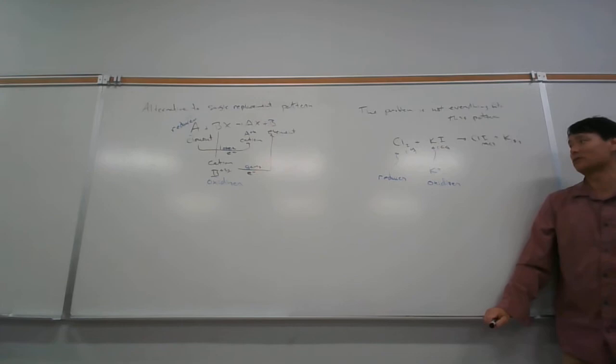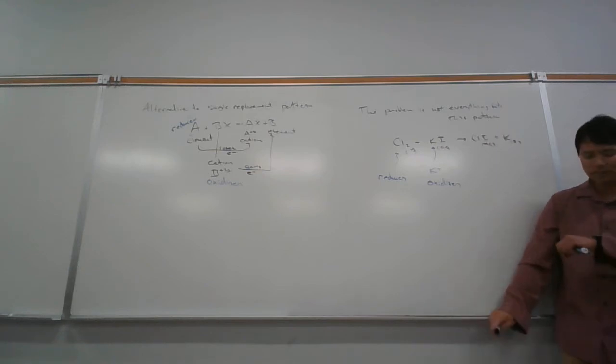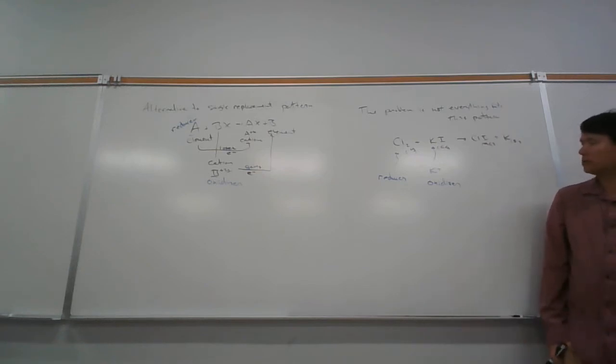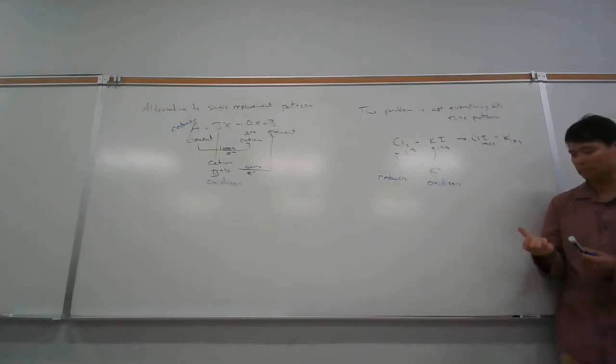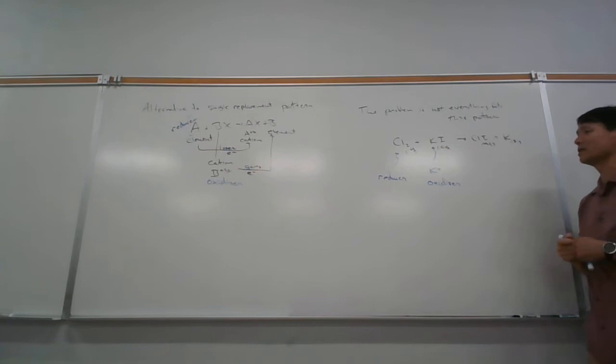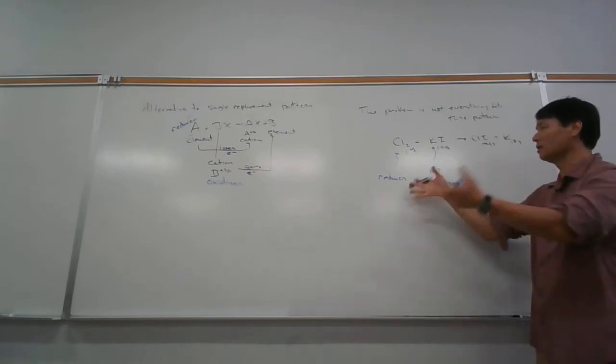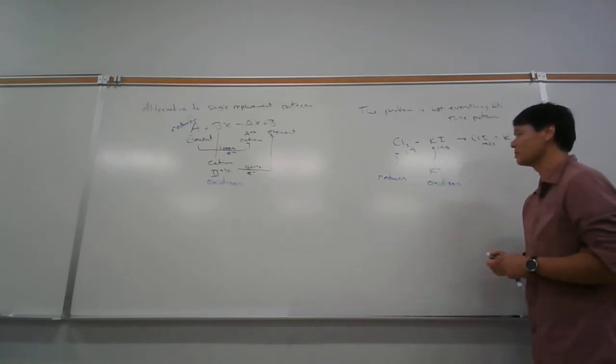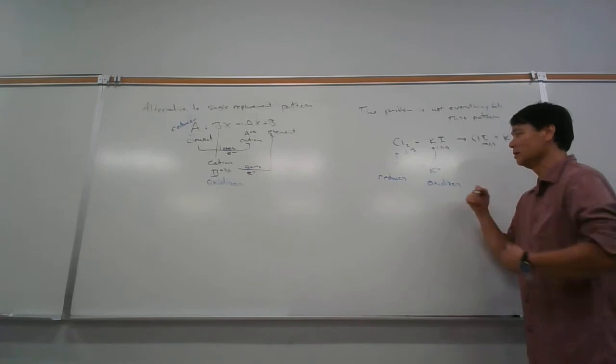Chlorine's going to want to take electrons. And so their natural roles are just going to be realized. If chlorine's an oxidizer, it's going to be an oxidizer no matter what you call it. You can try to call it a reducer, but its true nature is going to come out.